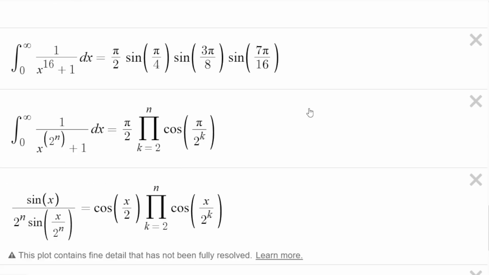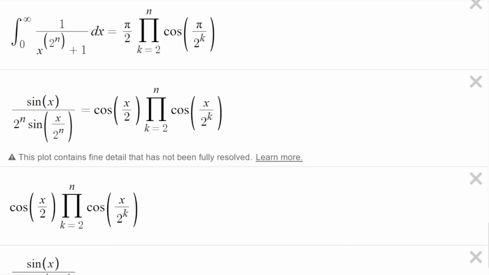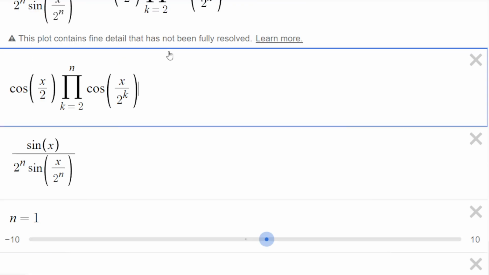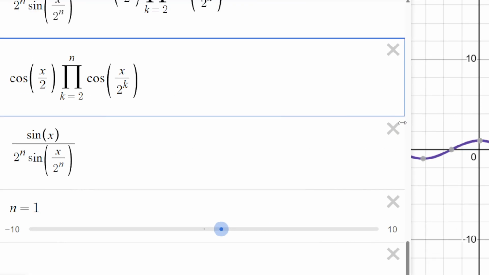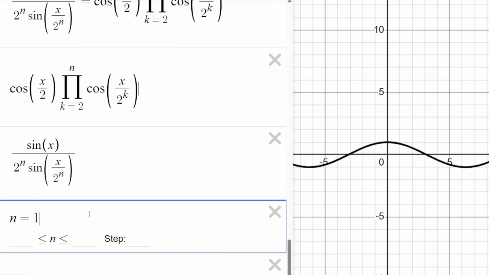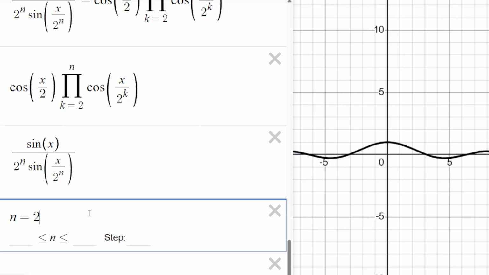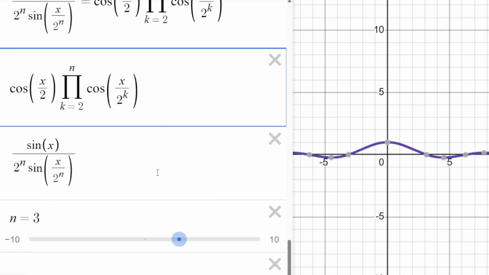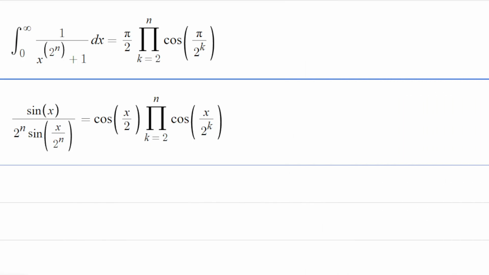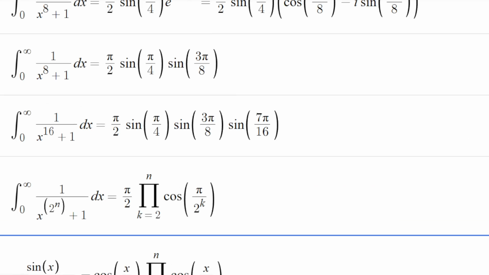Let me scroll up here and get rid of all the graphs we don't need. Okay, so this is n equals 1. You can see the graphs match up. N equals 2, they still match up. 3, they match up. Yeah, so we did the right thing. So this here is true.